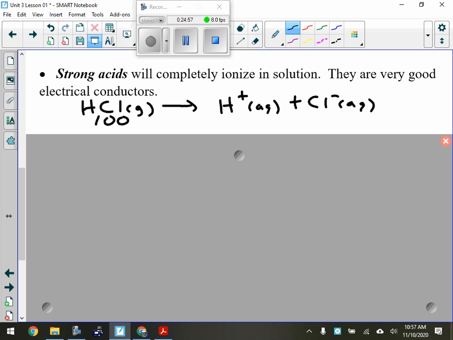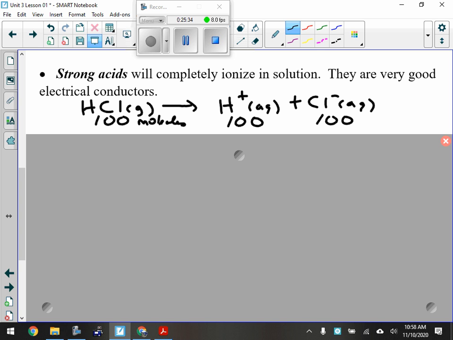If I took 100 molecules of HCl, 100 molecules. Okay, you can write this down as well. If I took 100 molecules of HCl and I put them into water, what happens is those 100 molecules will convert to make 100 of these and 100 of these.